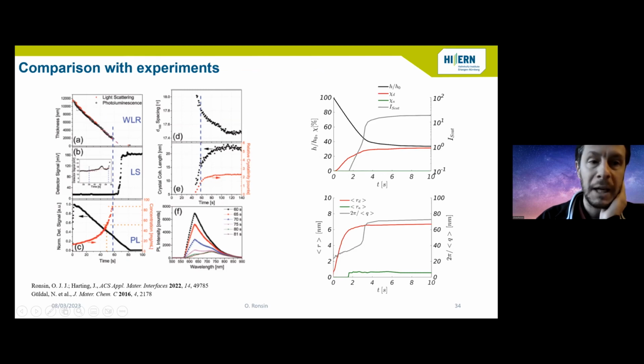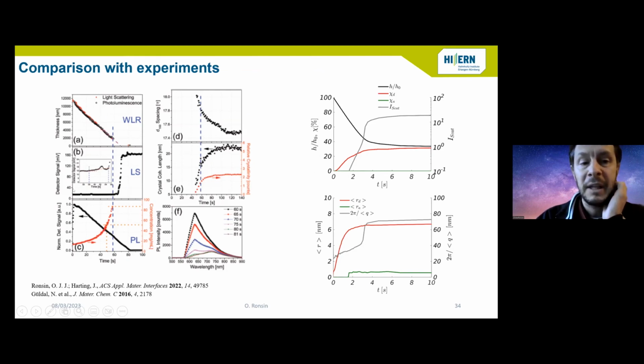So you have a white light reflectometry curve to get the thickness. And here on the right, you have the simulation results, and this corresponds to the black curve here. Then you have, for instance, the crystallinity curve in the simulation, the red curve, and this corresponds to this curve obtained from GIWAXS in the experiments.